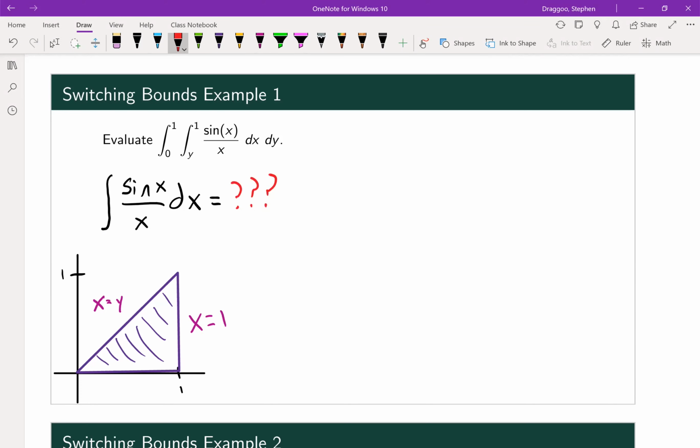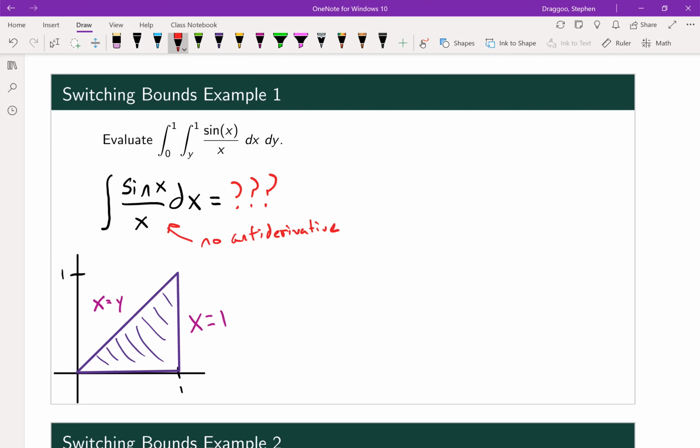So we don't really know what that thing should integrate to. And again, the thing I pointed out was right here, no antiderivative, at least not one that we know already. Which means that trying the integral this way is going to be rather complicated.